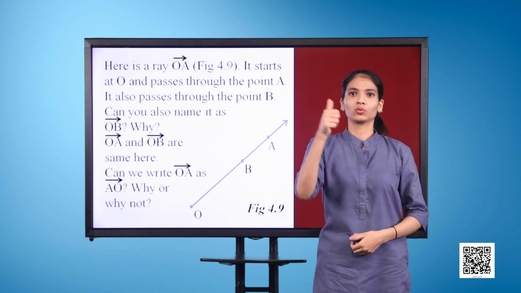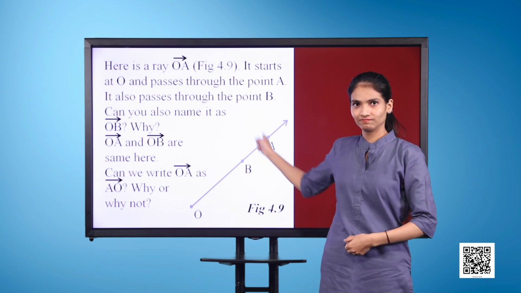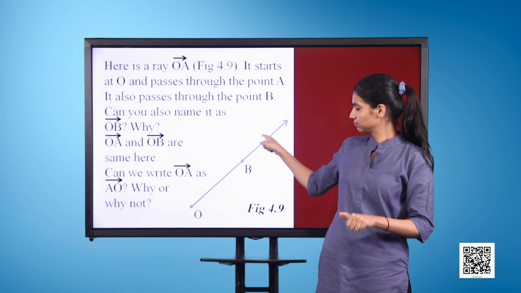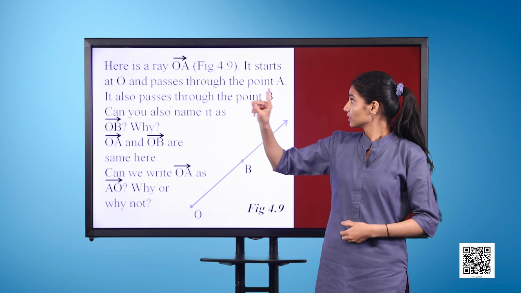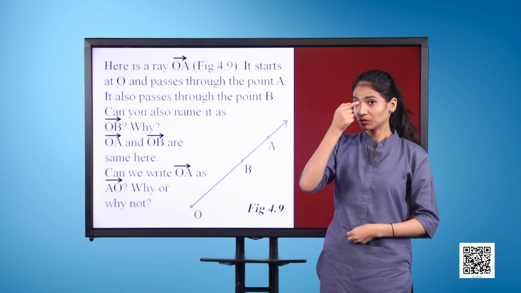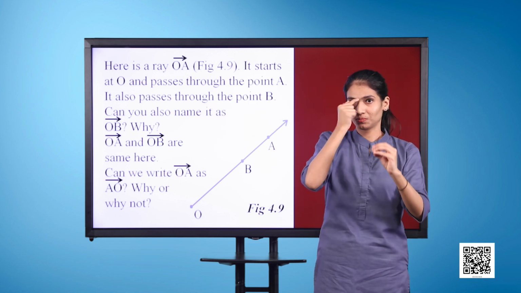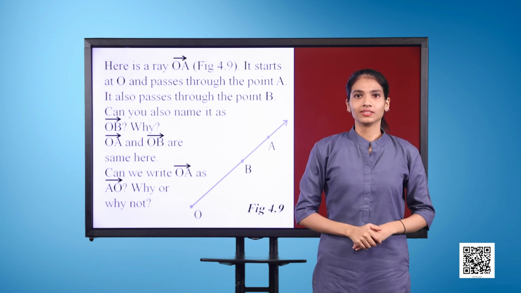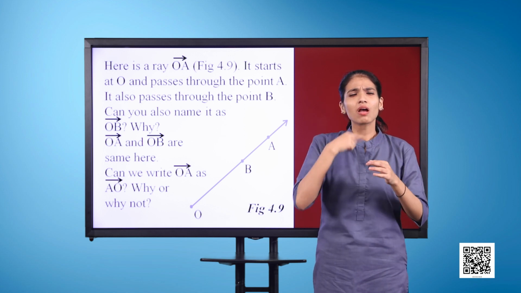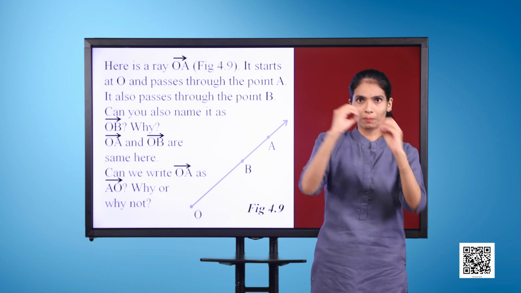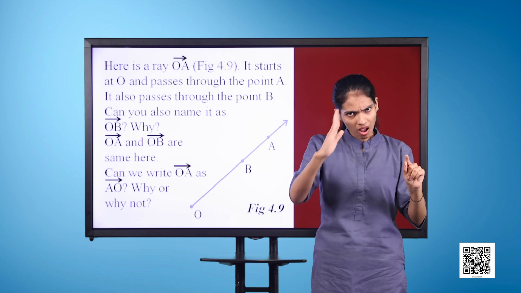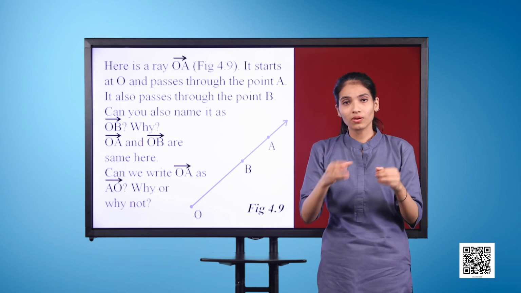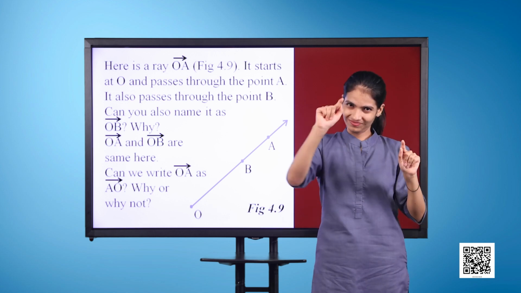Figure 4.9. Here is a ray OA. It starts at O and passes through the point A. It also passes through the point B. Can you also name it as OB?